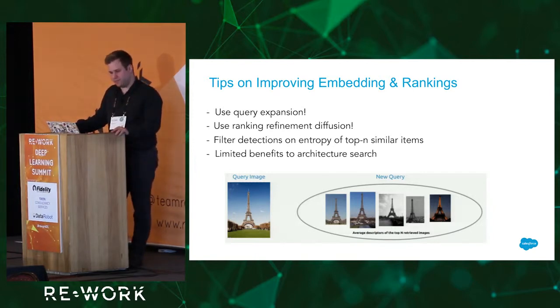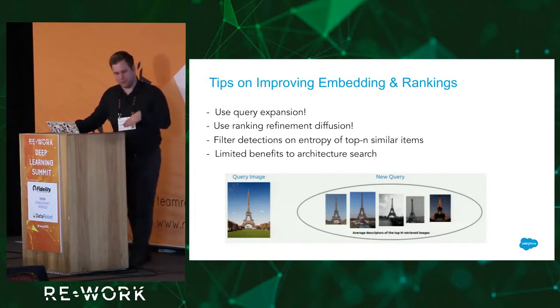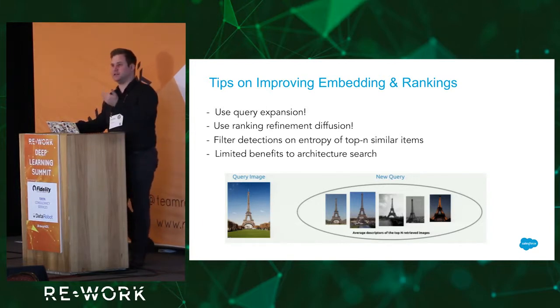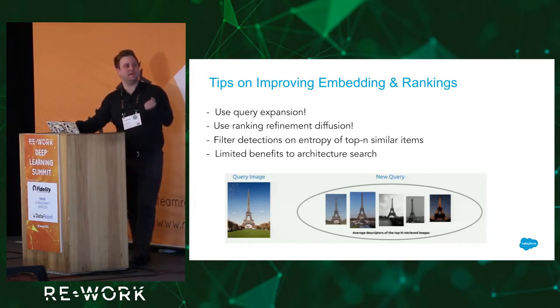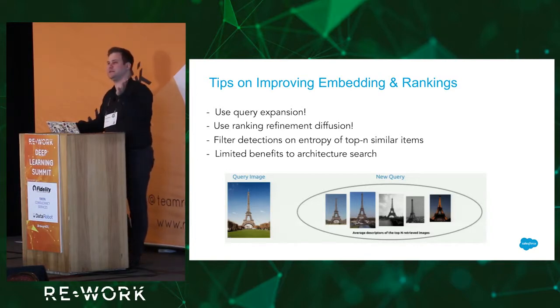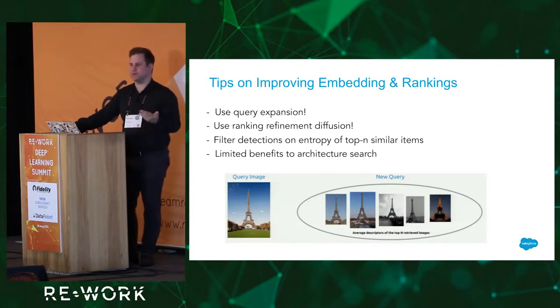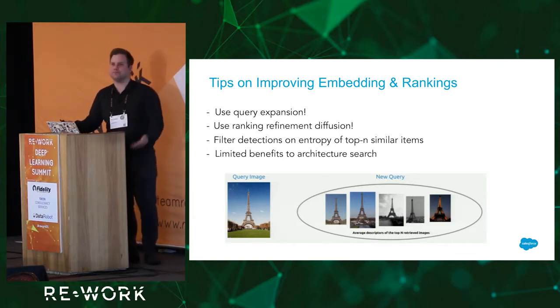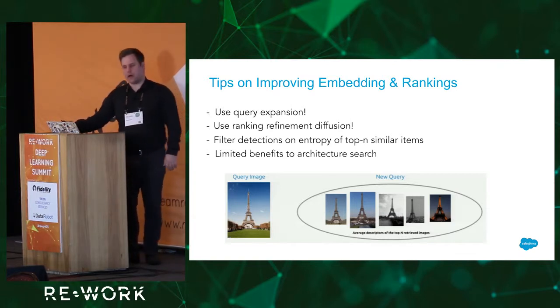And we found that when you have detections and there's some bad results, you can filter based on entropy. It's a really nice heuristic to clean up your rankings. And although we used architecture search, I found that it was basically equally performant to something like hyperband or random search. So limited benefits there.